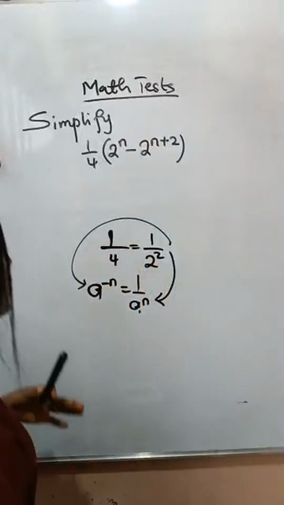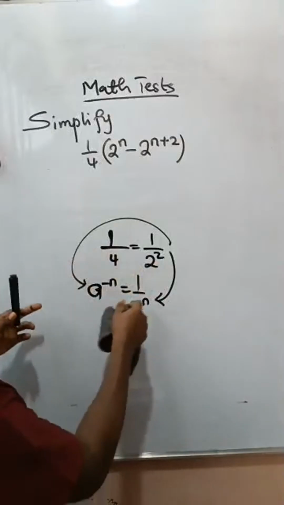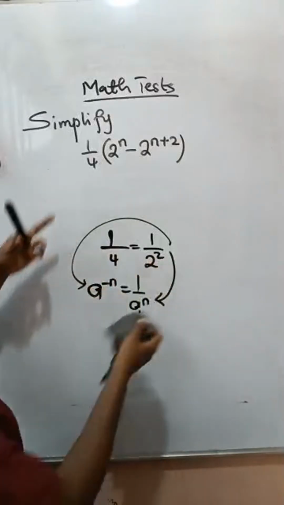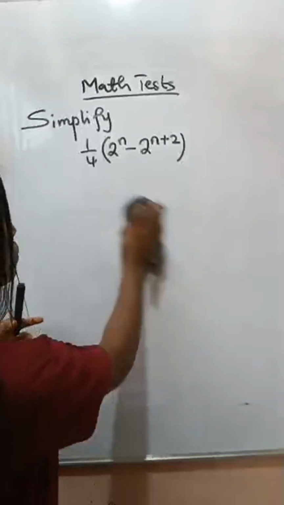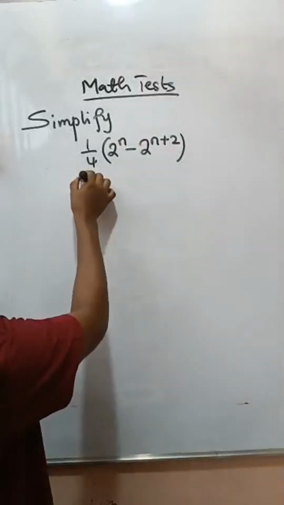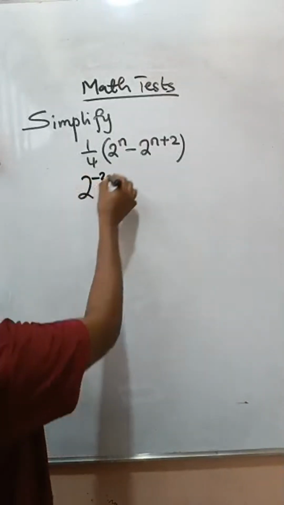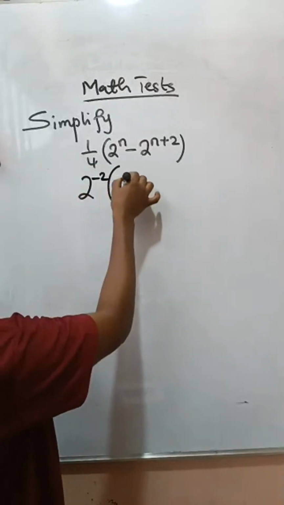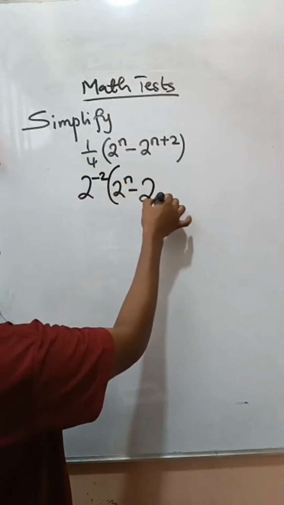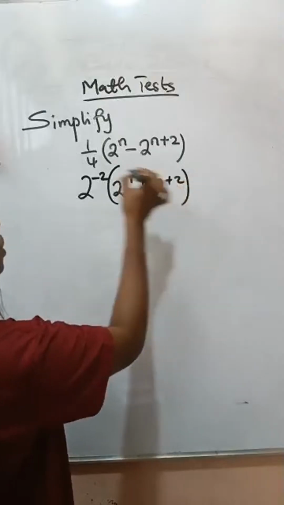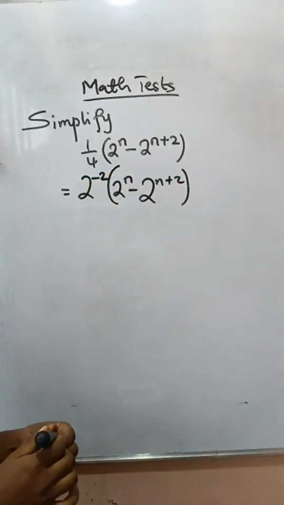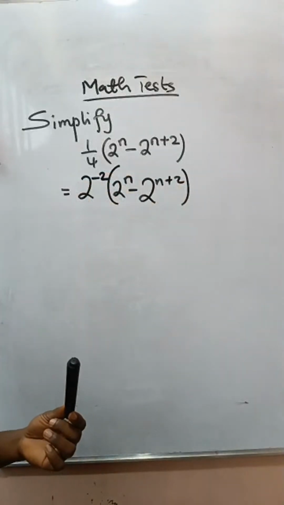So 1 over 4 is the same thing as 2 to the power of negative 2. So we have 2 to the power of negative 2 outside, brackets 2 to the power of n minus 2 to the power of n plus 2. So that should be the first step.